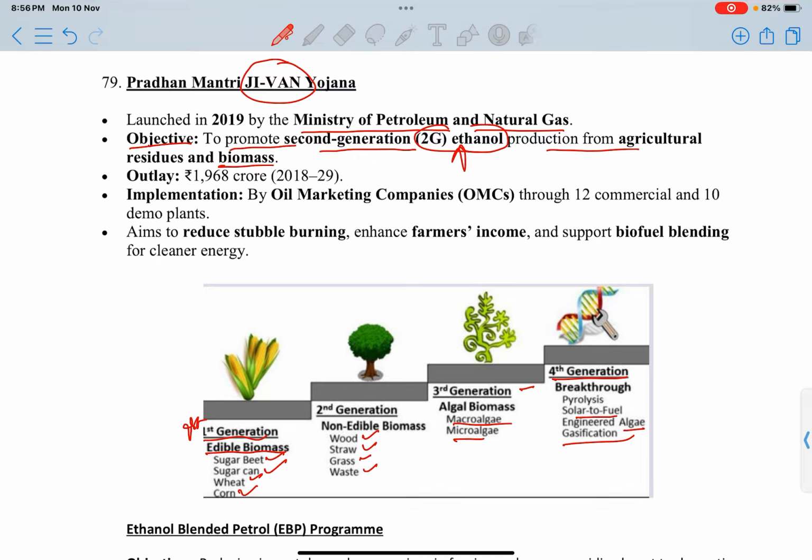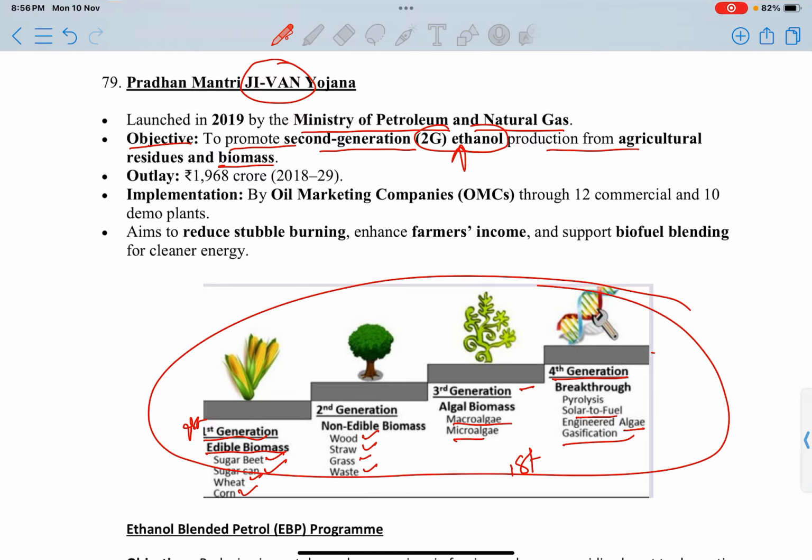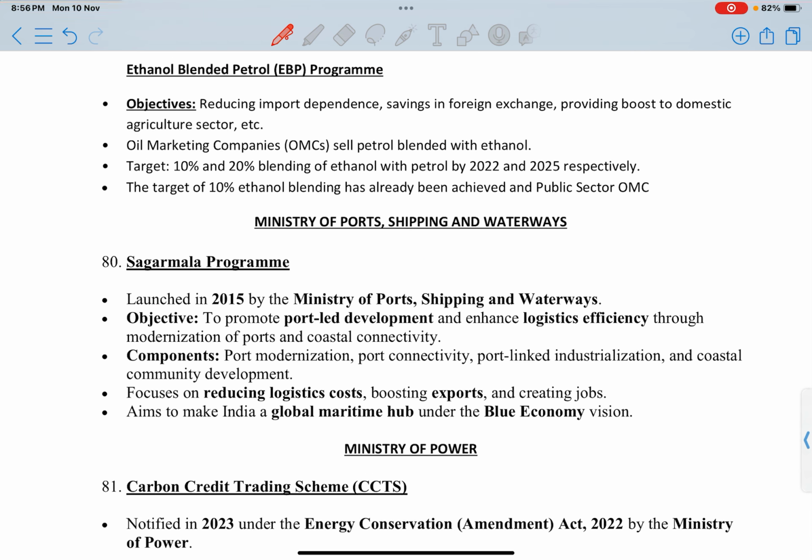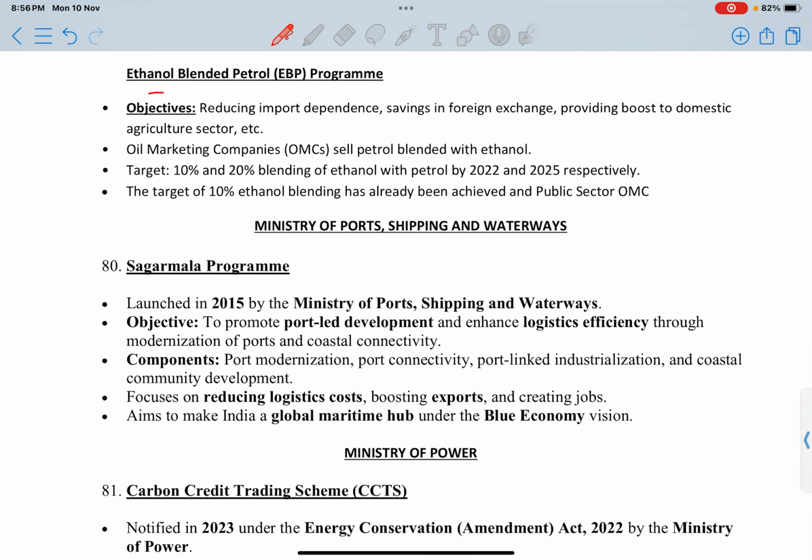Okay, so in the examination, they may ask differently, like what is first generation ethanol, what is second generation ethanol, etc. So that time you should know what is the total difference. Implementation by the oil marketing companies through 12 commercial and 10 demo plants. You read about it.